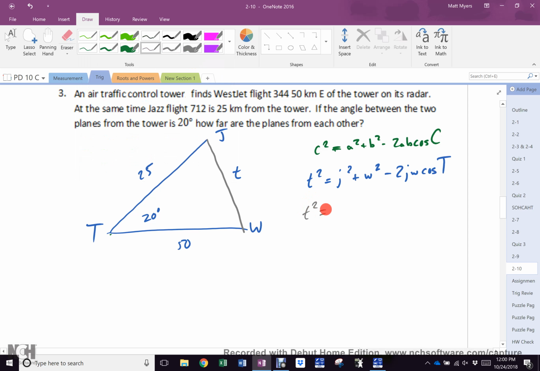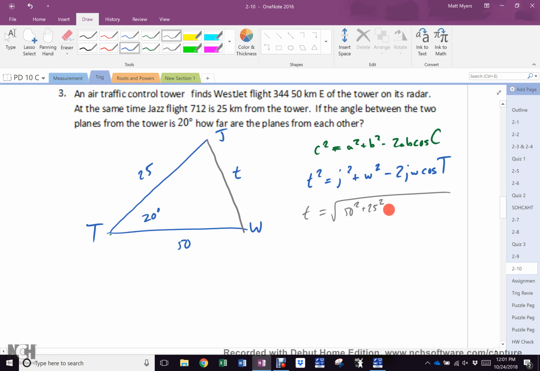Now, what could I do right now if I was really good with my calculator? I could square root that whole thing and just have t by itself, couldn't I? Which is 50 squared plus 25 squared. Does that order matter? No. Of course not, because 2,500 plus 625 is the same as 625 plus 2,500, right?